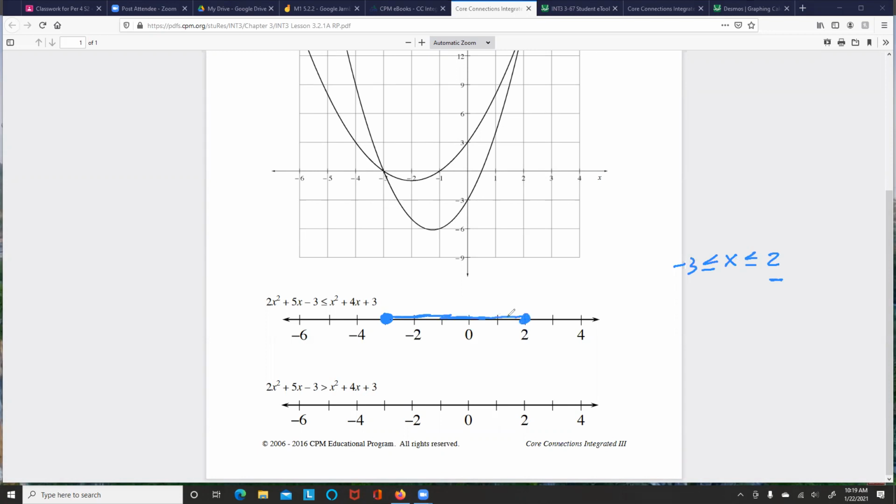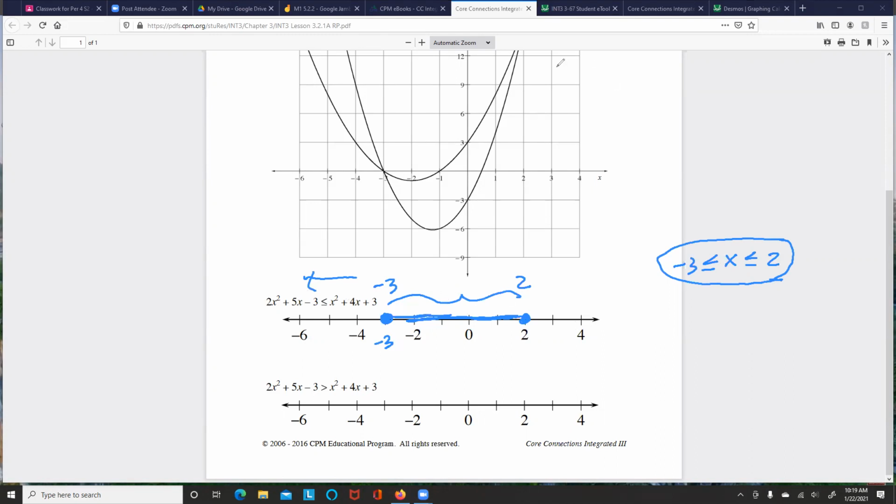So that means our solutions on the number line are any number where x is between -3 and +2, right? Between -3 and +2 are our solutions. X can be any number between those. If it's past -3, if it's -4, -5, -6, it's not a solution. If it's 3, 4, 5, 6, it's not a solution. Okay, so that's on your resource page.